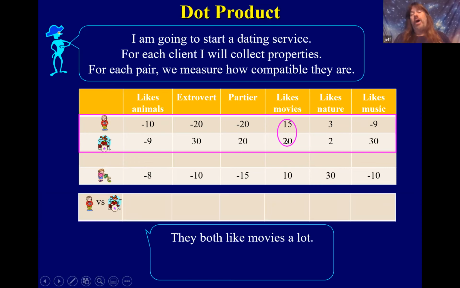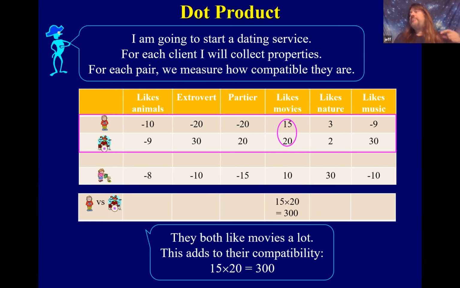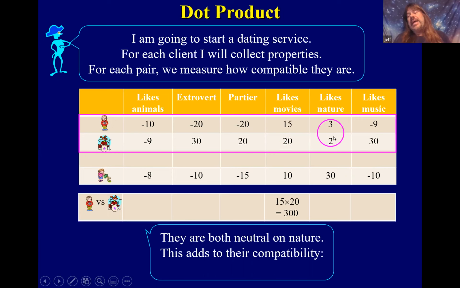They both have a big positive number. We multiply those numbers to give an even bigger number, and that will be the contribution to how compatible they are. Compared to nature, neither of them care much about nature, they're neutral about nature, so when you take the product, it doesn't contribute that much.